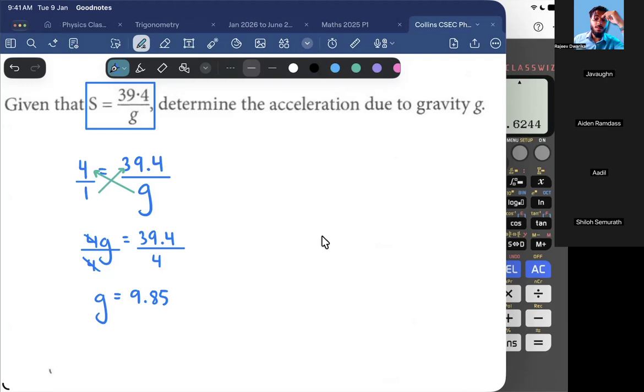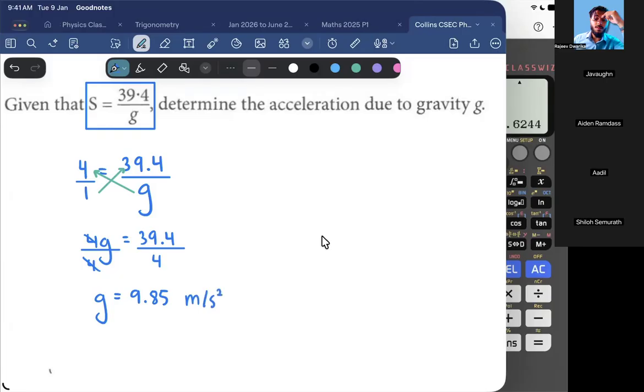Javon, where are the units for G? Gravity. Acceleration due to gravity. What are the units for acceleration? Per second. Yes, meters per second squared.